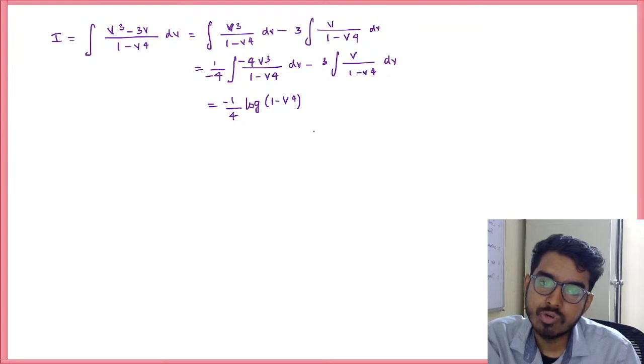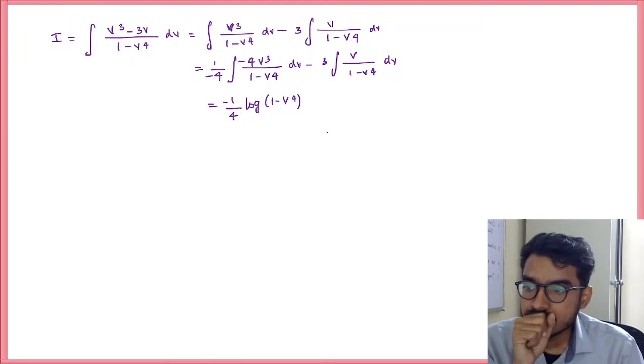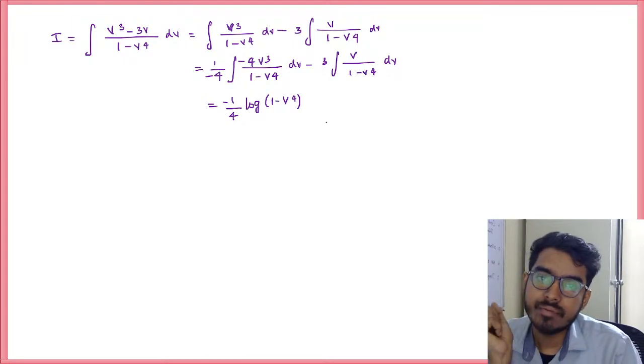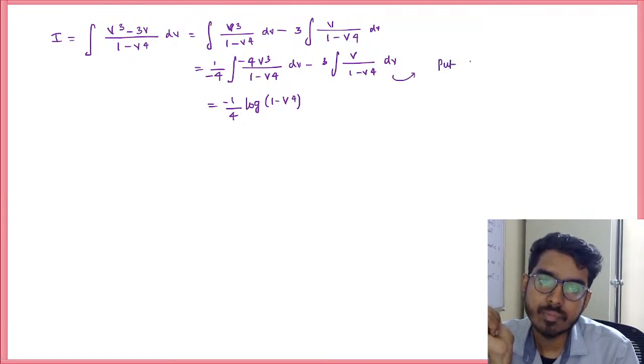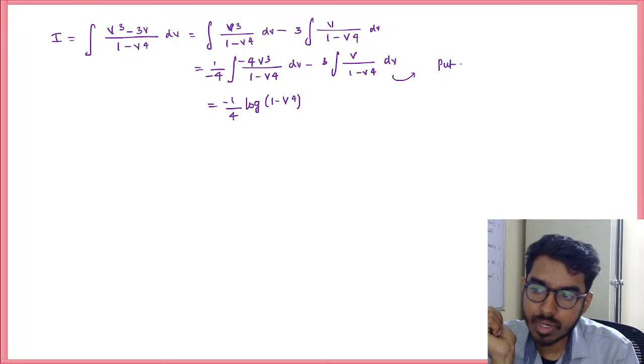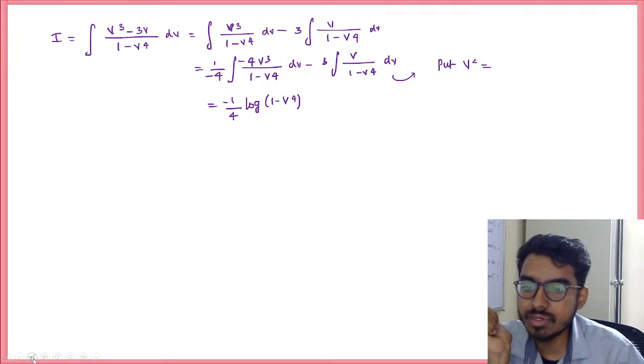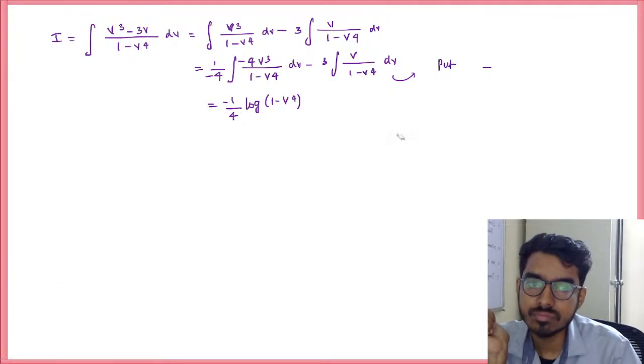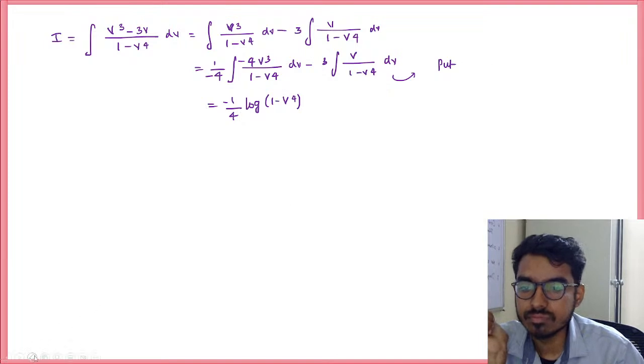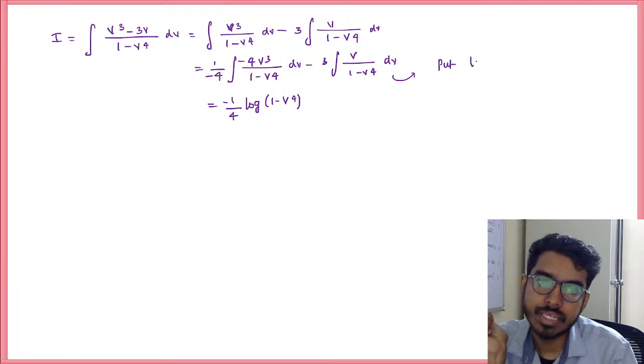Okay. Wait a minute. What I'm going to do is put v square is equal to t. Put t is equal to v square, that we will have dt equal to 2v dv.